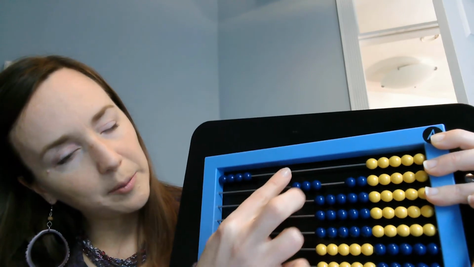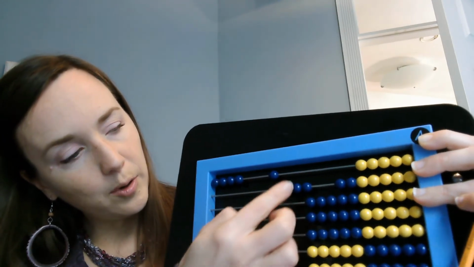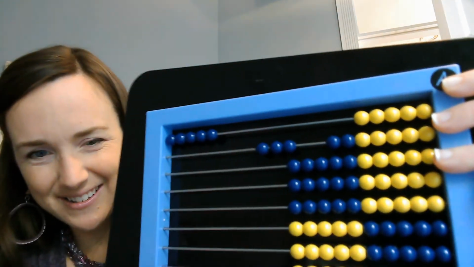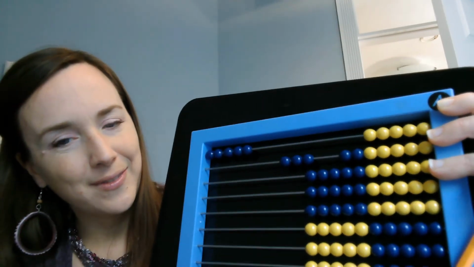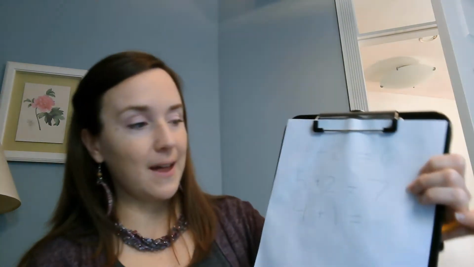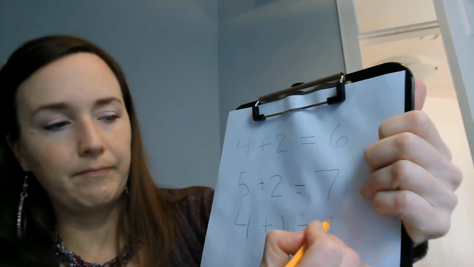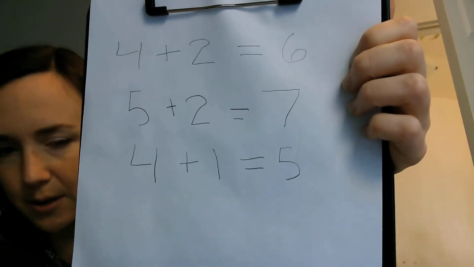We're going to double check it, make sure that's what we want. 4 plus 1 equals, can you tell what that is? 5. Did you see the middle bead? 4 plus 1 equals 5. So then we can write that here. Four plus 1 equals 5.